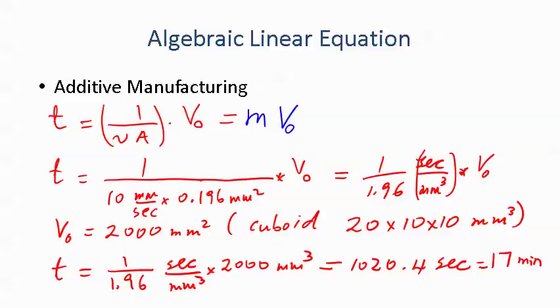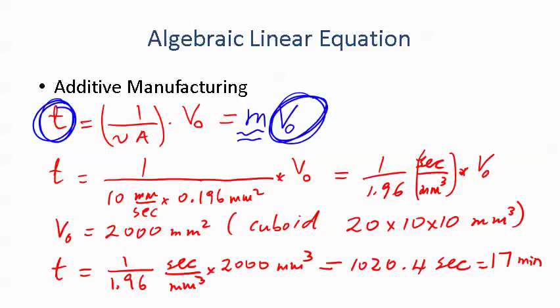So this analysis shows to us how to evaluate in variable form first the equation, the linear equation that relates the desired or required time to print an object of a given volume if we know the slope.